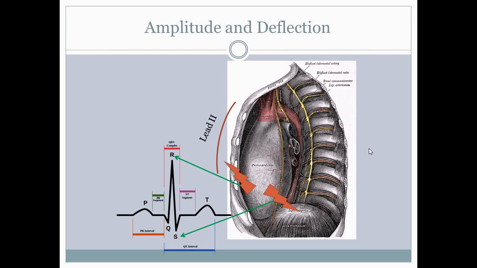The left ventricle is extremely strong, so we get a very large positive spike in the R wave. It's positive because it is moving towards the anterior chest, towards the lead. And specifically, not just towards the imaginary line, but it's also moving towards that positive electrode.